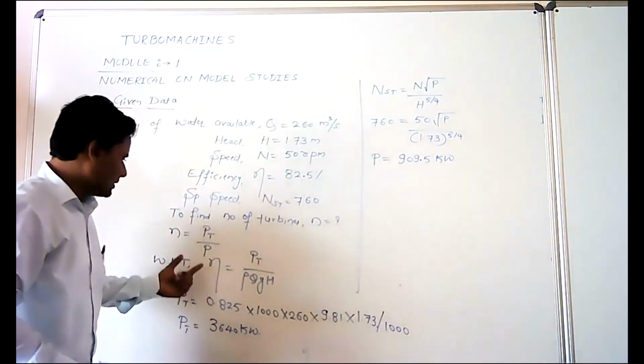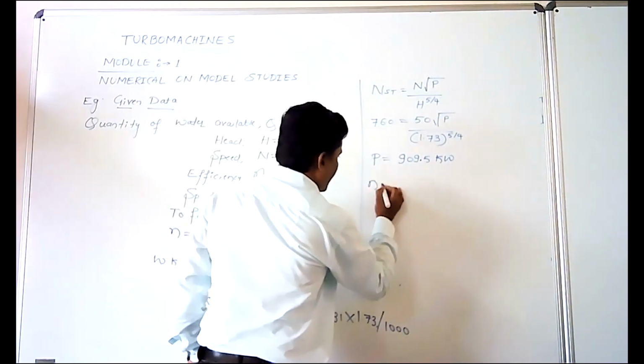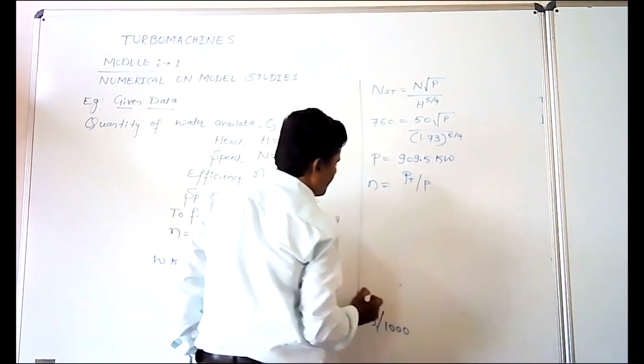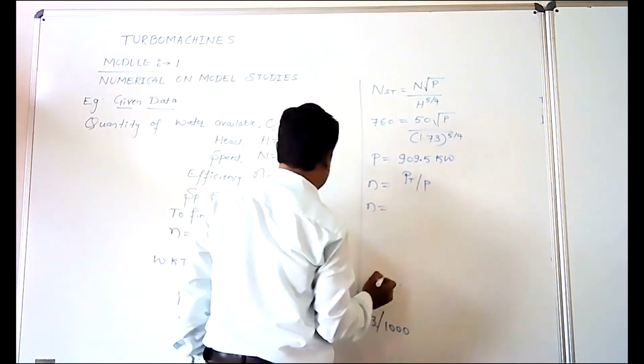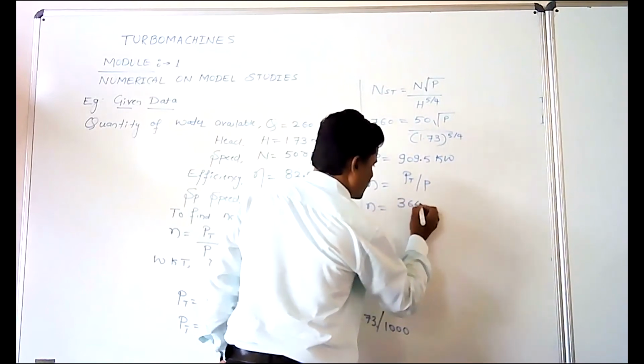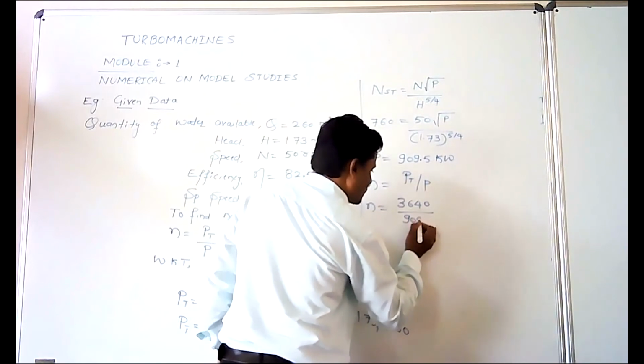Now finally we can get the number of turbines. That is n equals P total divided by P, so 3640 divided by 909.5.